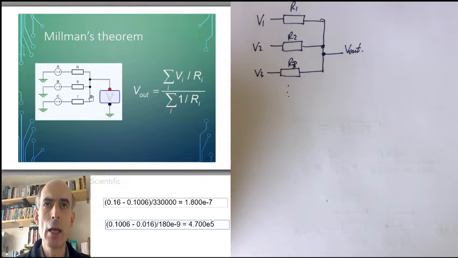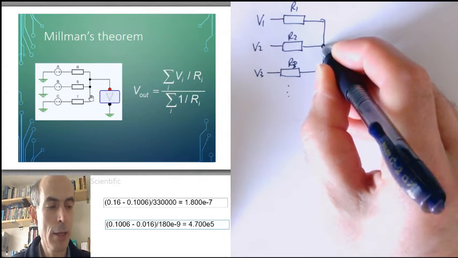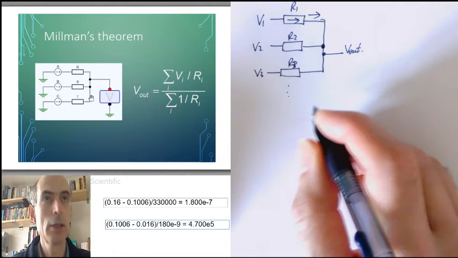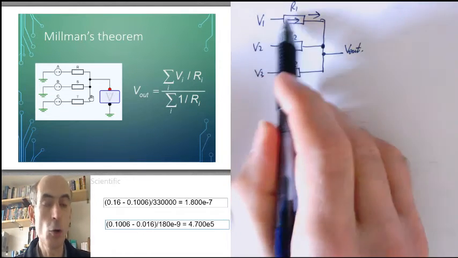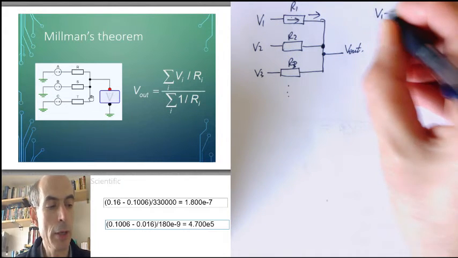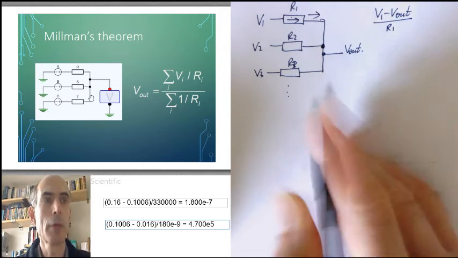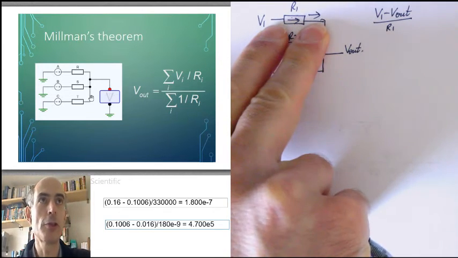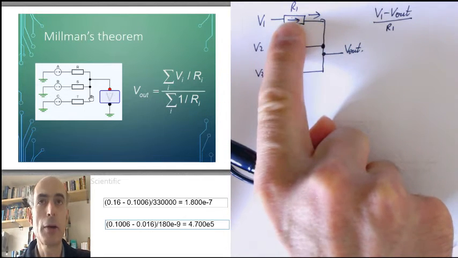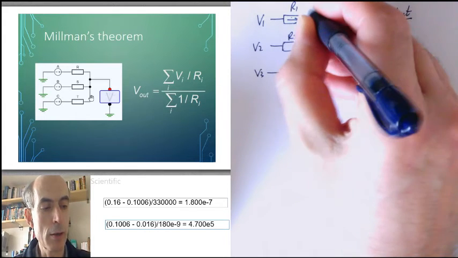Okay, let's apply Kirchhoff's current law to this node. The current flowing through R1 is going to be, applying Ohm's law to R1, V1 minus Vout divided by R1. That's the voltage across the resistor, V1 on this side, Vout on this side, divided by the value of the resistor. So that is the current flowing through here. I'll call it I1.